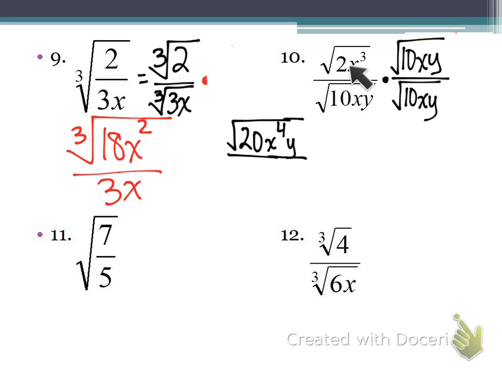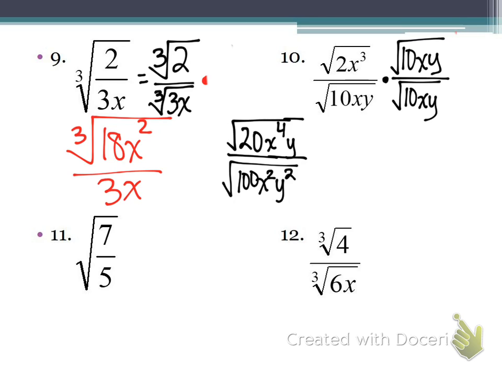Okay, so 2 times 10, x cubed times x. The y didn't have anything to multiply to, so it stays. In the denominator, what am I going to have? 100x squared y squared. Good. Still taking the square root, top and bottom.